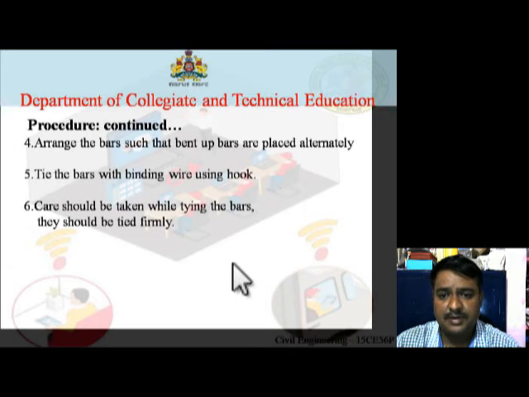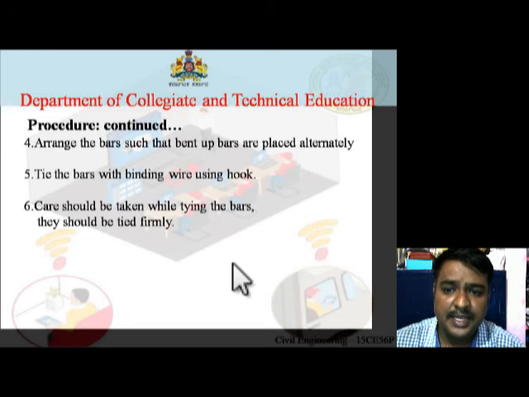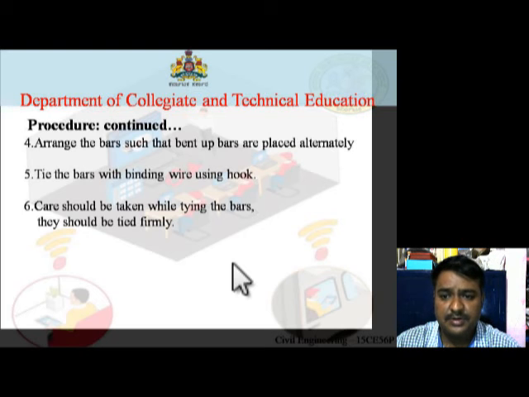Binding wire is most commonly used to tie the bars. So care should be taken while tying the bars. We have to take utmost care while tying the bars. They should be tied firmly and strongly. They should not loosen after the concrete is placed.